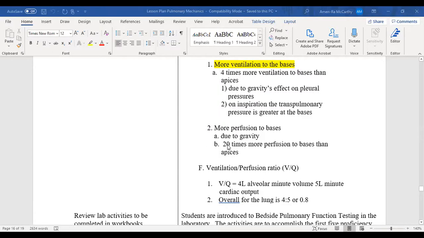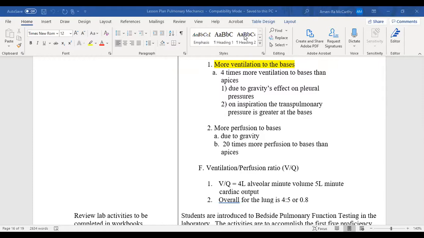Now, let's look at perfusion. There's also more perfusion to the bases, right? There's also more blood flow to the bases, and this is mainly due to what? Gravity, because blood is a liquid. So if you're sitting upright, it's going to drain down to the bottom just because of gravity. So that's the main reason.